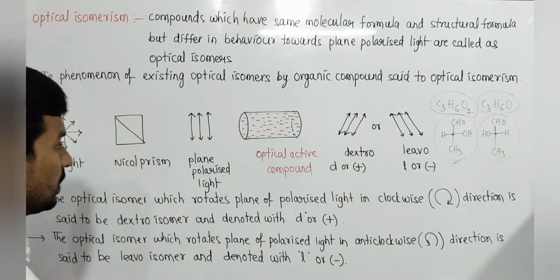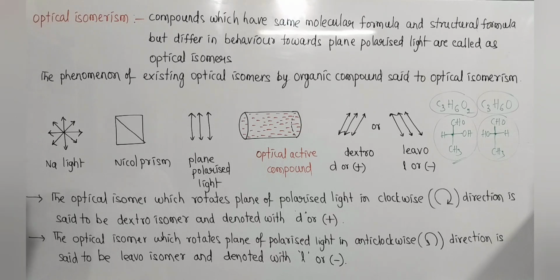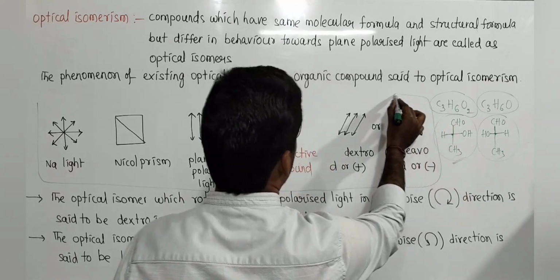So what is plane polarized light? This is one type of setup which is observed in a polarimeter.